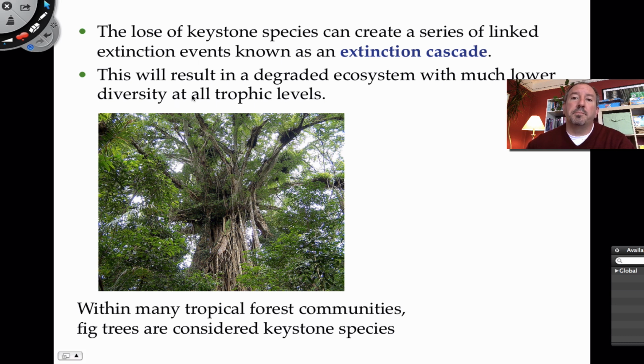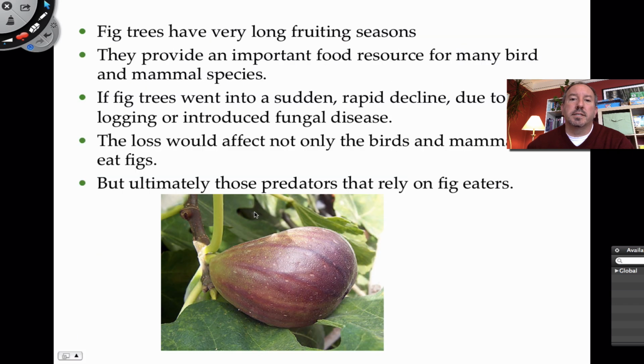So if you remove them, it involves this extinction cascade that we've been talking about in this video. And so what do you suppose an important tree is in the rainforest? It turns out there are several, but one of the ones I want to talk about is the fruit tree, in particular a fig tree.